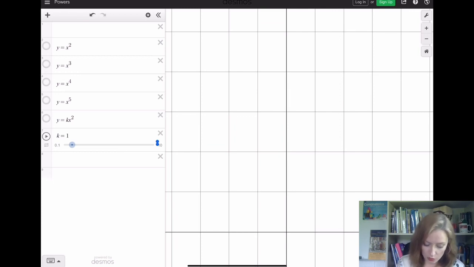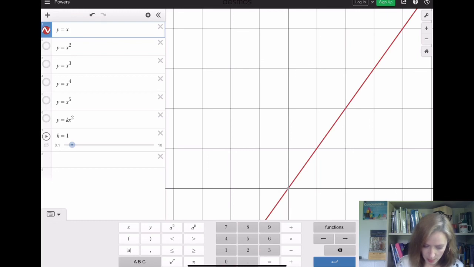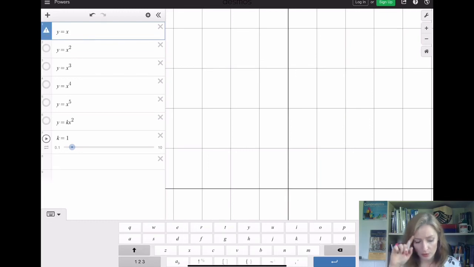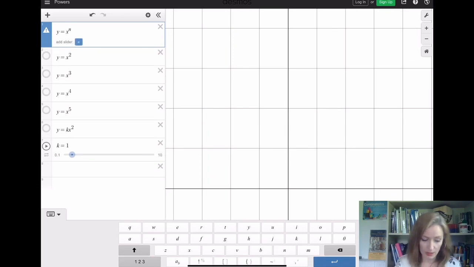So what I would like to draw is y equals x to some power. I'm not going to specify the power first, but I'm just going to say x to the power n. Just like on my slide, I actually wanted to see different powers of n.